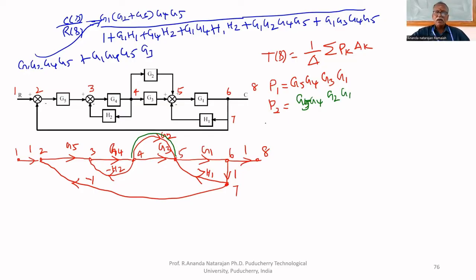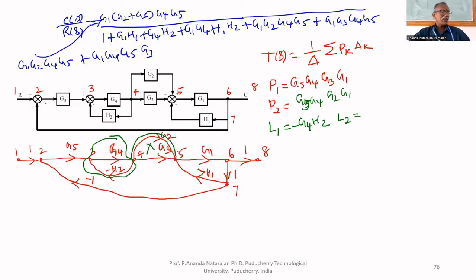Then we have to find the delta. To find delta, we need the loops. L1. The first loop is this. Minus G4, H2. Another loop, L2 equal to. This is not loop. This is not loop.